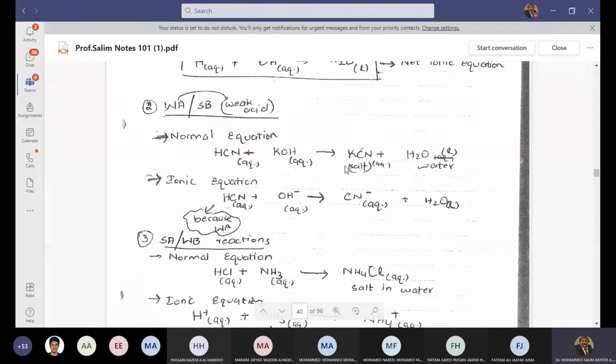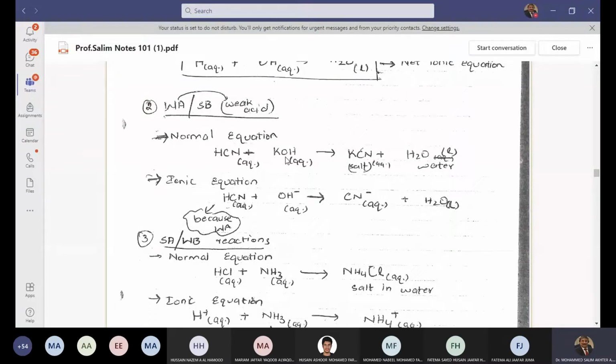For HCN, can I write down H plus? No, it's a weak acid. Whenever there is a weak acid, I have to write down the formula as it is. I cannot change it. You have to mention aq. Aq means aqueous, prepared in water. KOH is a strong base.